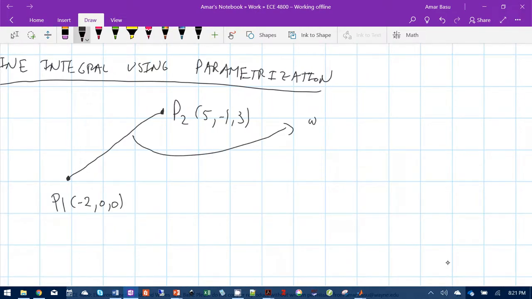What is an equation for this line? We can define this line in terms of a parameter, and I'll explain how that works.